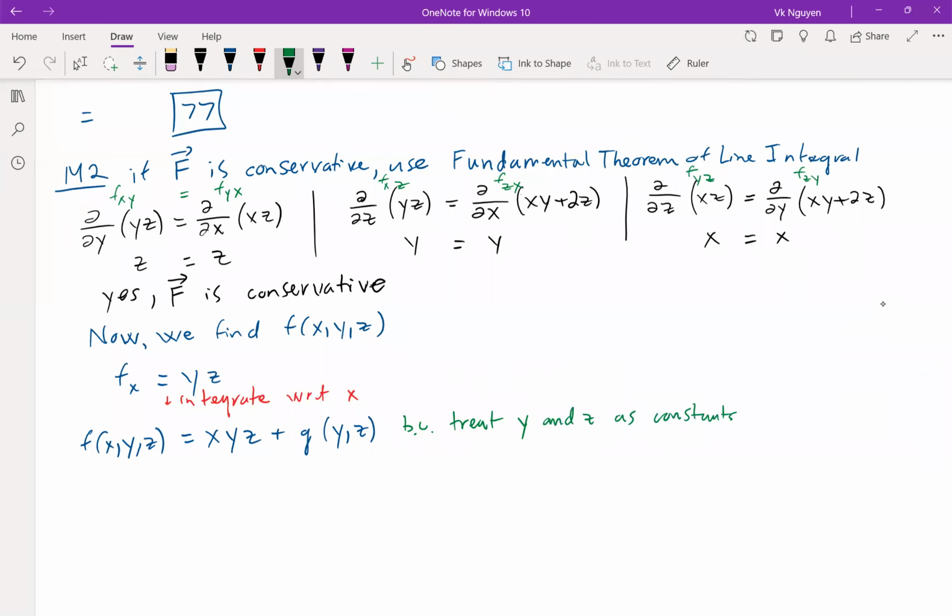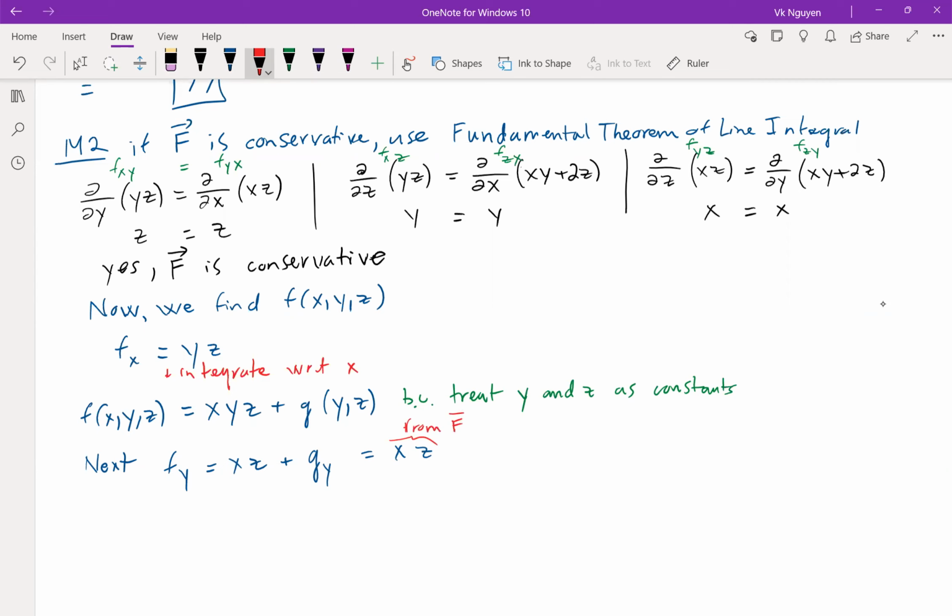And what do we have here? f_y is xz. This is from the vector field F, right? Because this is conservative. Okay.